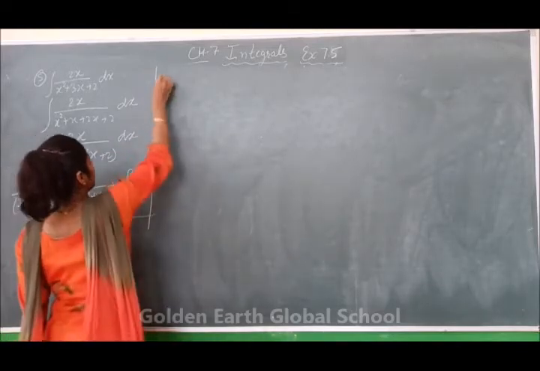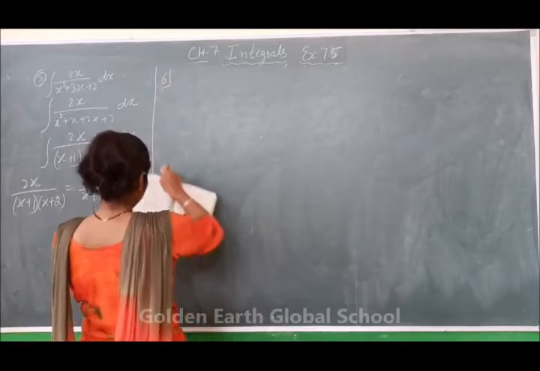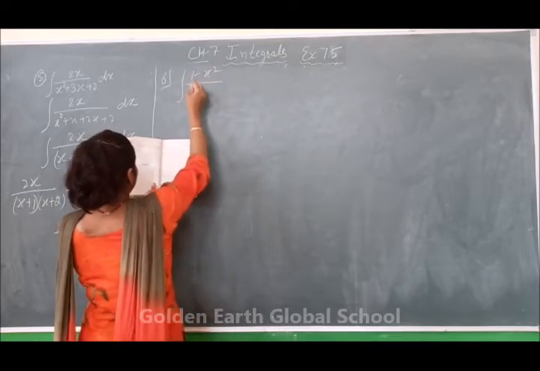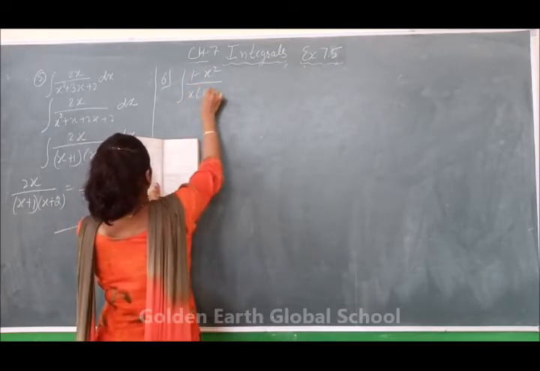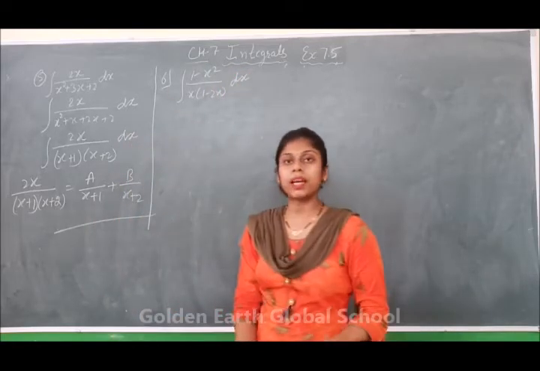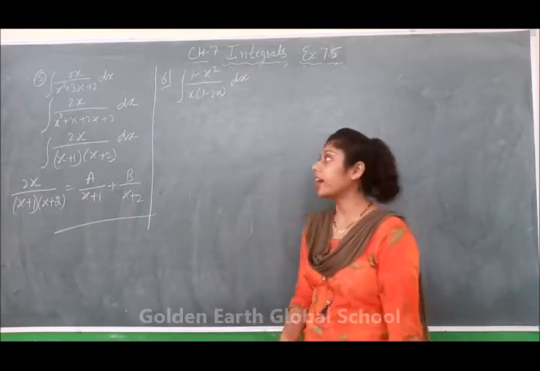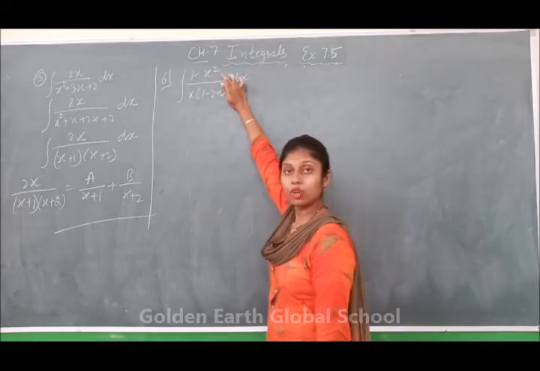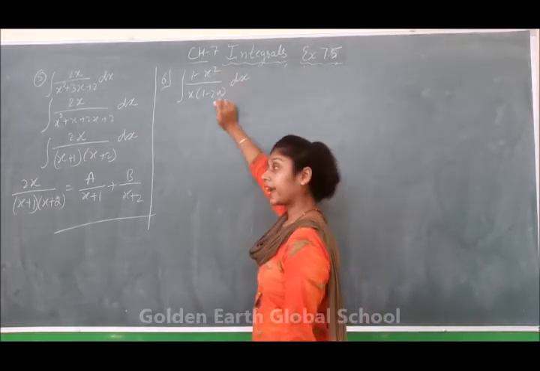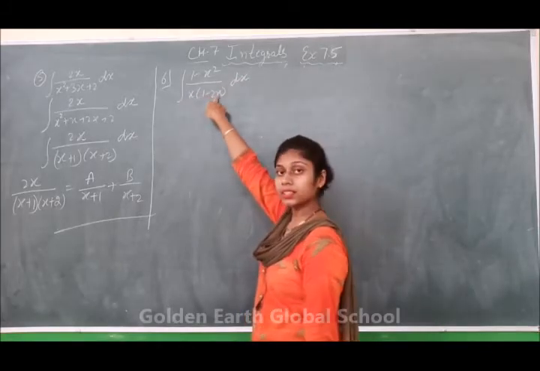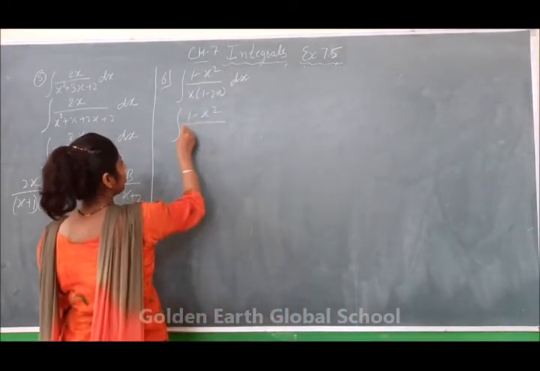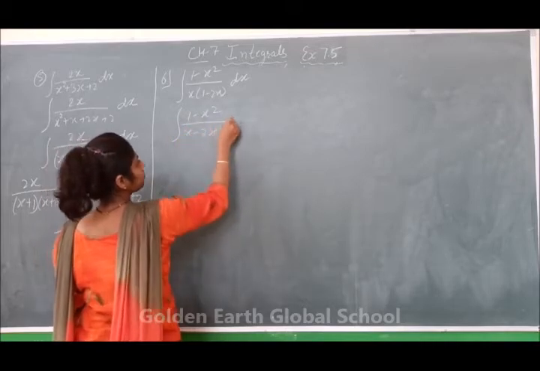Next question number 6. In this question, 1 minus x square upon x into (1 minus 2x). See here, we can't apply partial fraction directly. Why? Because degree of numerator and denominator is same. Degree of numerator is 2, and if we multiply it with x, then degree of denominator also becomes 2.